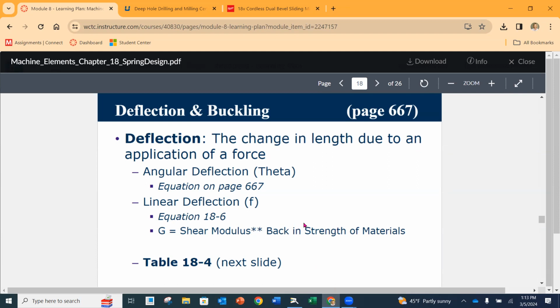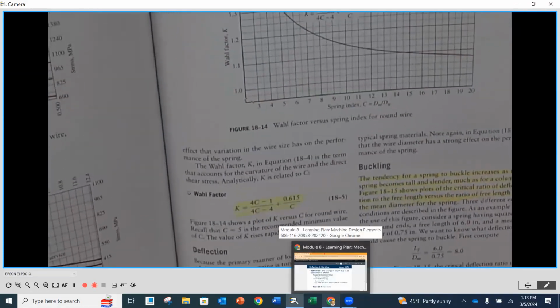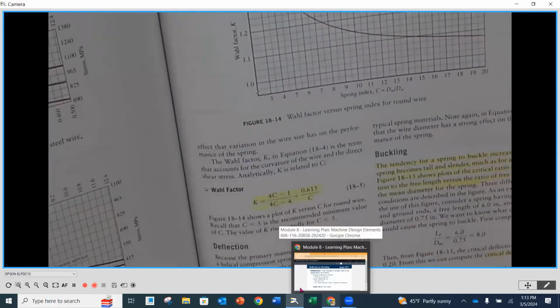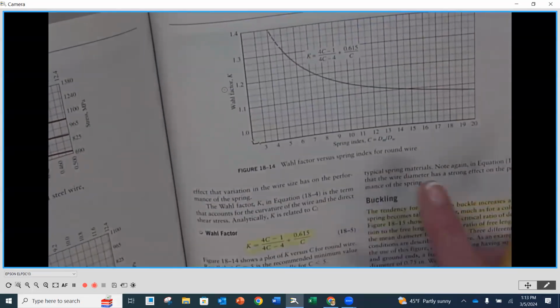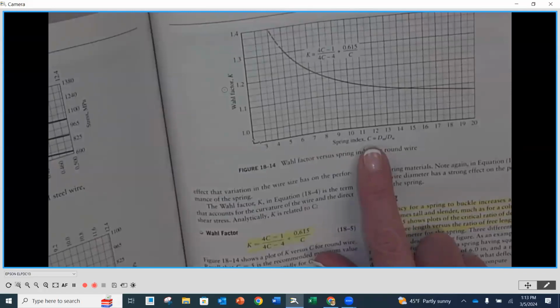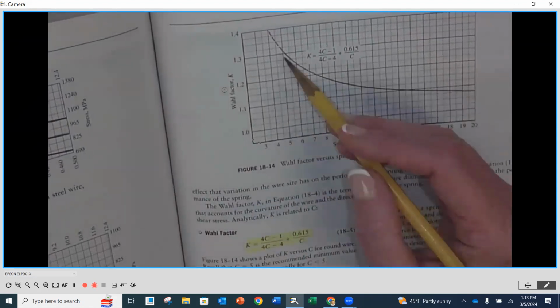18.4 looks at the wall factor versus our round wire. So we have a spring index here, which is C. We find where our spring index is, and you'll notice that at 5 and above, we've got a nice solid line.